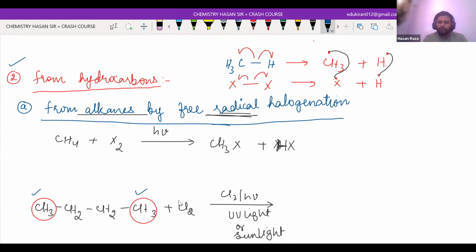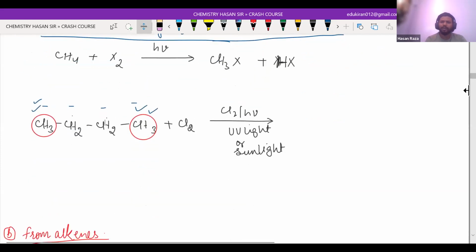If you replace one hydrogen from here, you will get CH3, CH2, CH2, CH2Cl. And if you replace this hydrogen with one chlorine, then you will get CH2Cl, CH2, CH2, CH3. That means both will have the same IUPAC name, so they are identical compounds. Or if you replace hydrogen from here as well as here, it will also be the same.